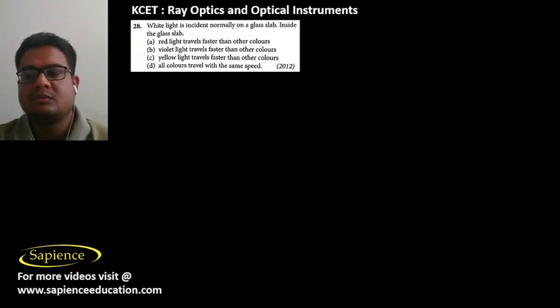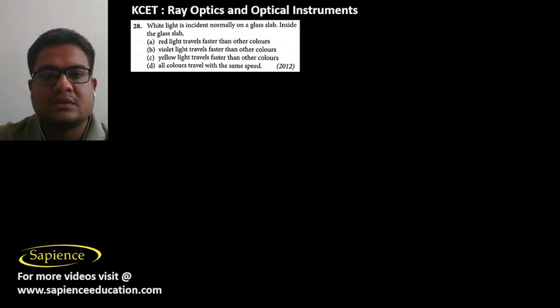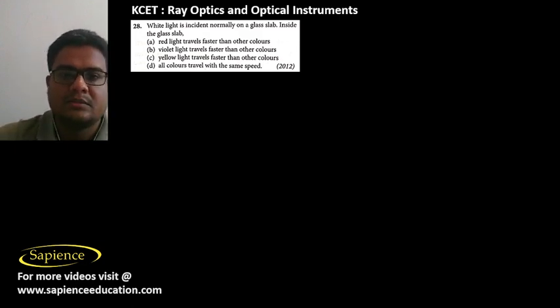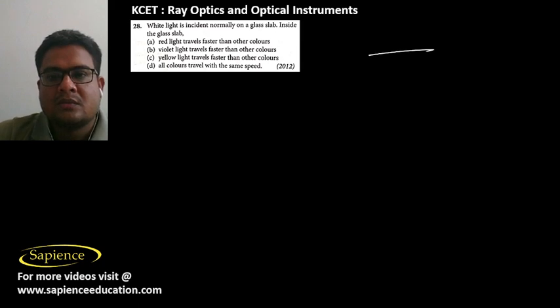Then question number 28. It is told white light is incident normally on a glass slab.